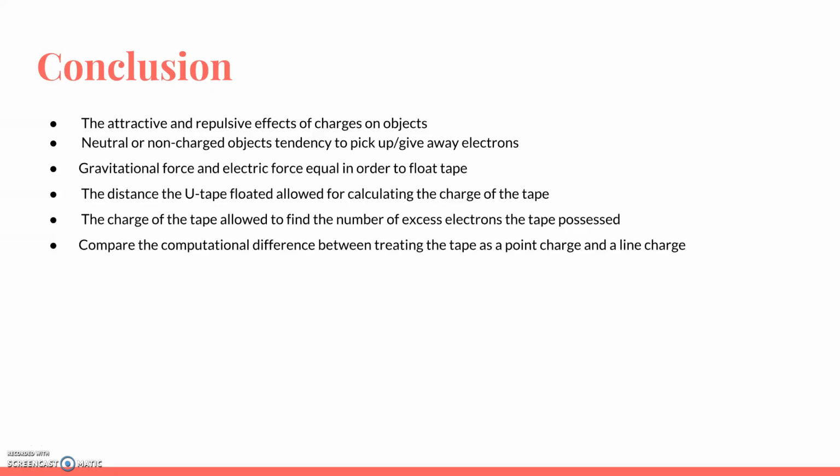And then I compared the computational difference between the tape as a point charge and a line charge. The line charge is more accurate because it takes into consideration more dimensions.